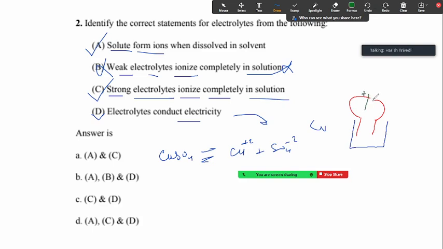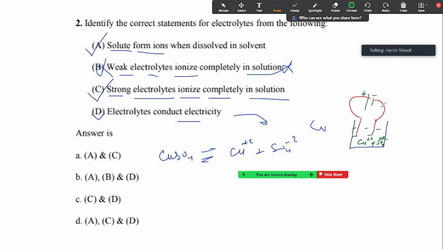This is the plus and this is the minus symbol. And it is filled with copper sulfate in water. So it will form copper 2+ and sulfate 2- ion.